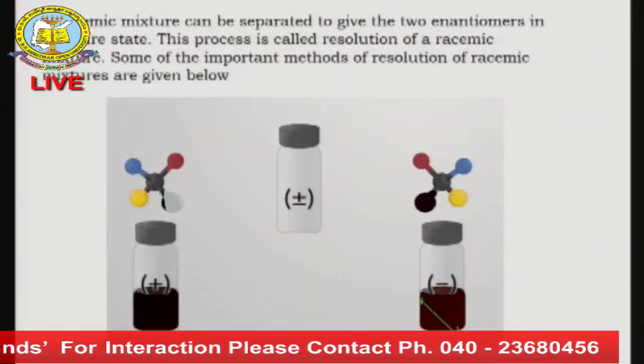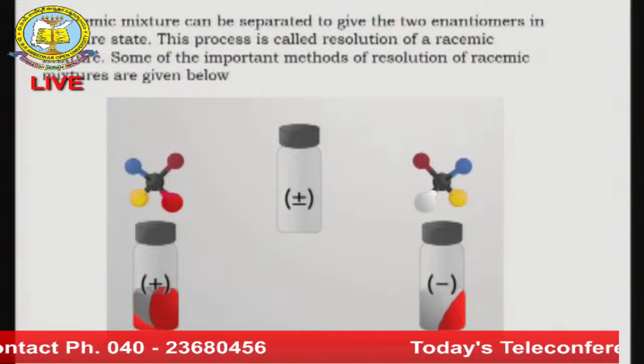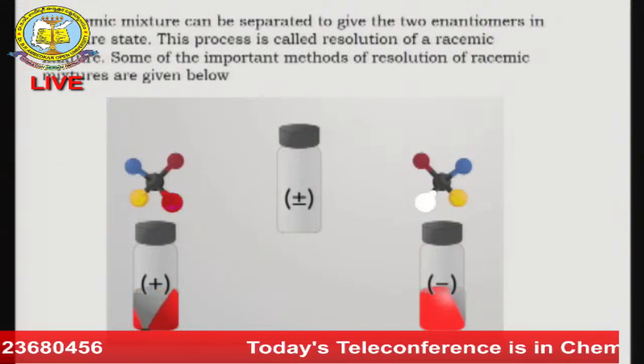The separation of these isomers is called resolution, and the resolution of the racemic mixture is done by different methods like mechanical method, chemical method, diastereomeric method, and enzymatic method. These are the approaches to separate the racemic mixture into pure form.